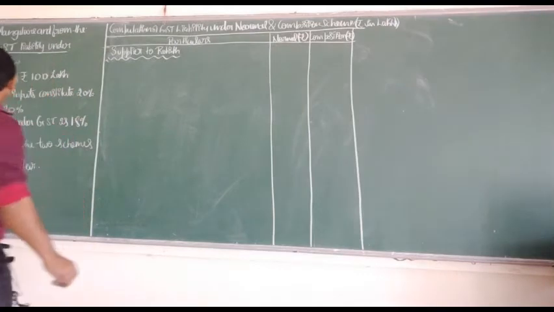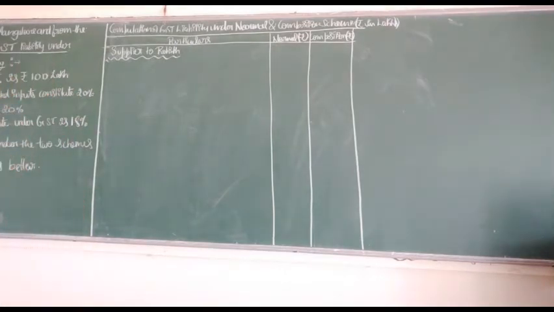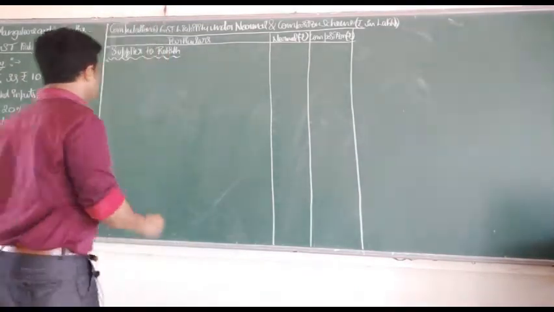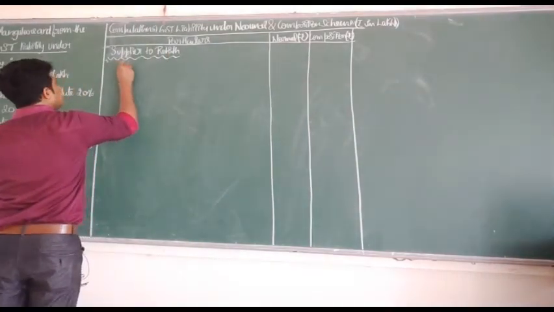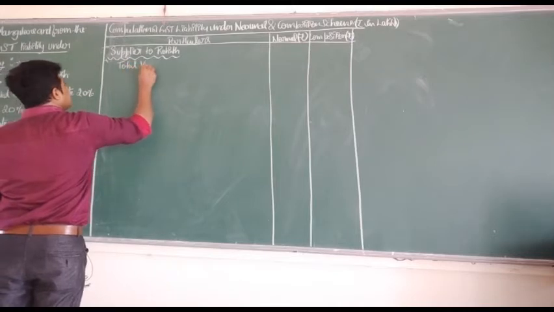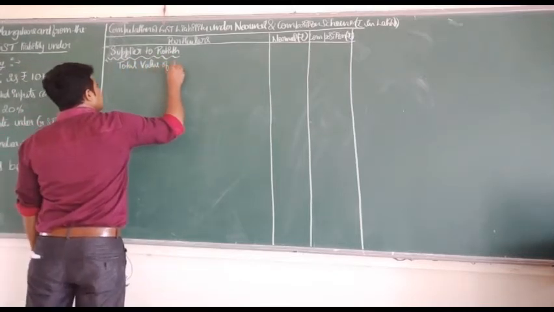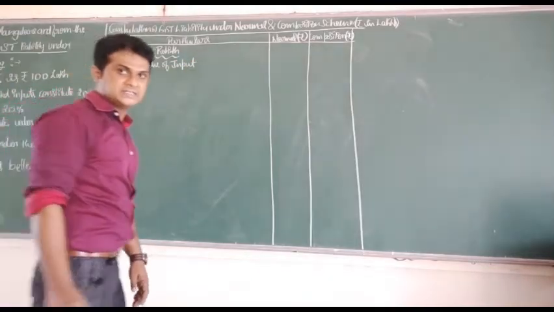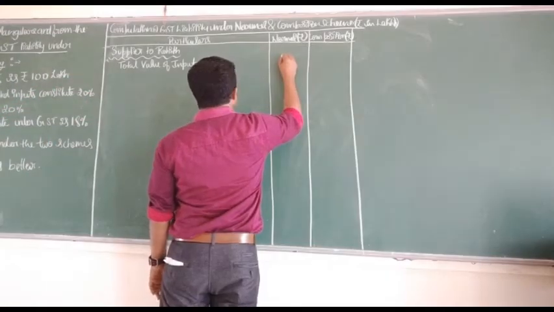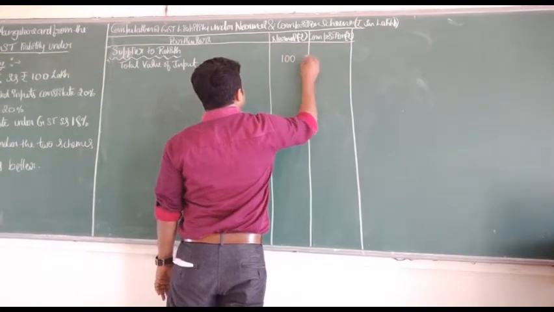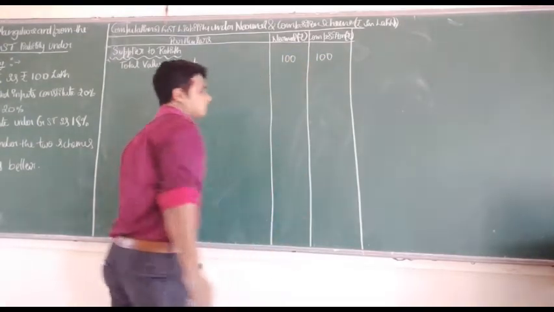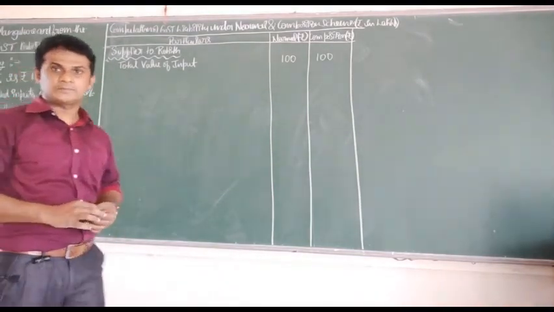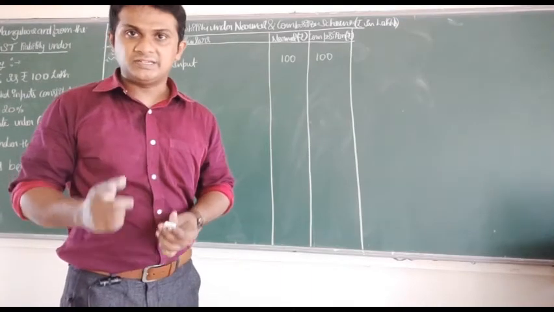So first we need the cost information that is given in the question as total value of input. So I will be writing that, total value of input, which is 100 lakhs. Since the value is expressed in lakhs, I will straight away write 100 in both the columns, composition and normal scheme. And to this, to arrive at invoice value, we have to add GST.